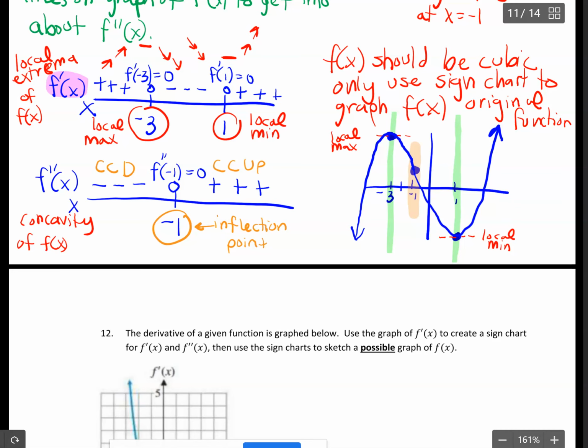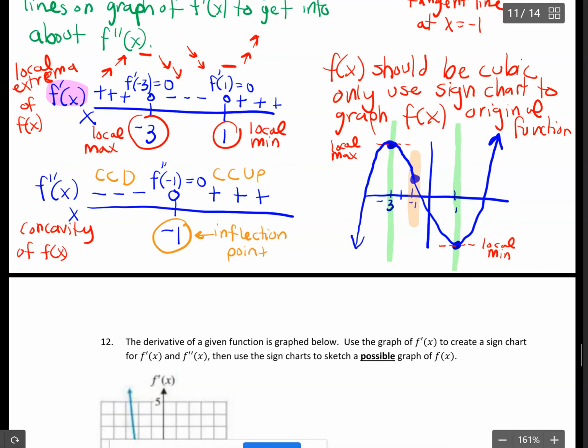And I'm going to tell you something right now, just to give you a heads up. The biggest mistake I see, and I've taught this class for 10 years, is that students accidentally read this original graph as f of x, and then they create these sign charts, right? And then they create their graph, and guess what?